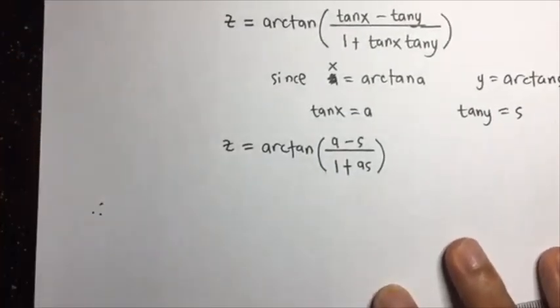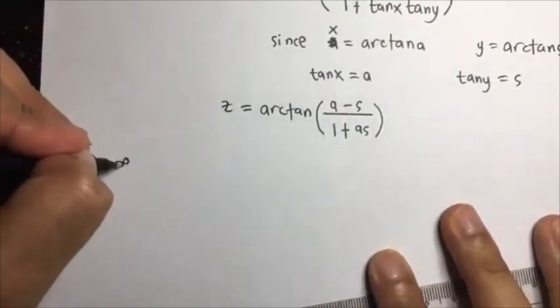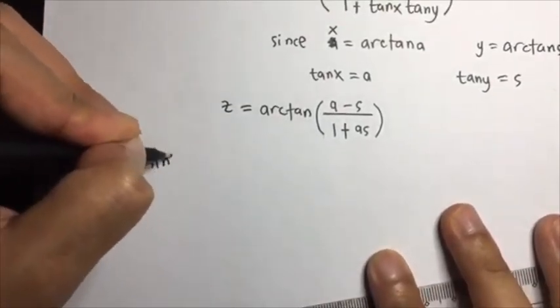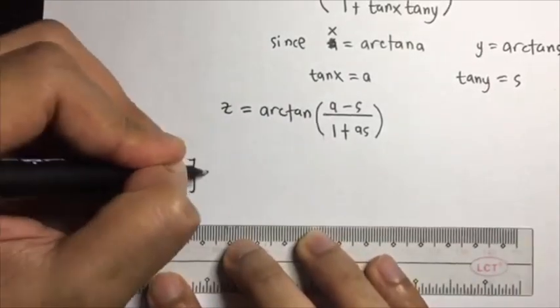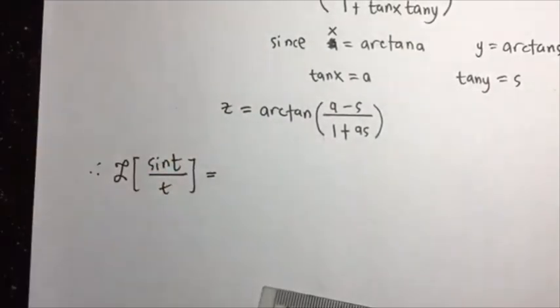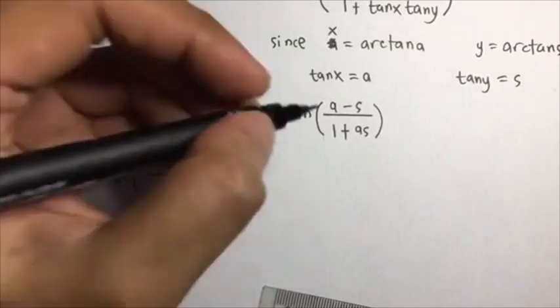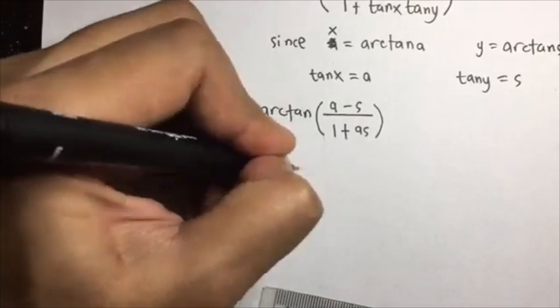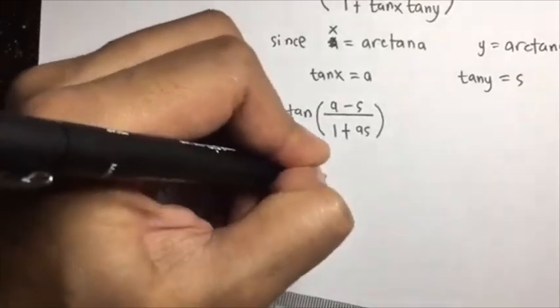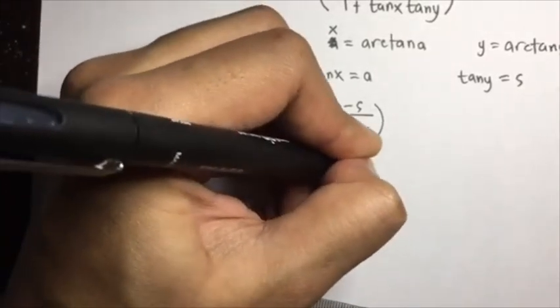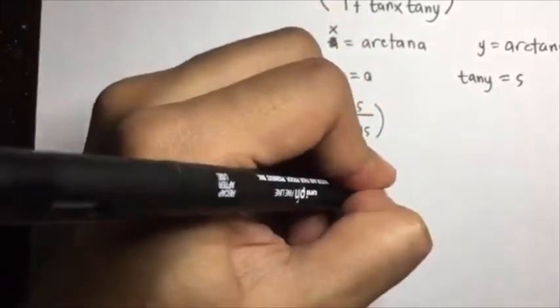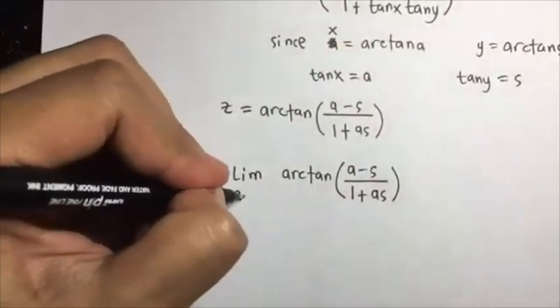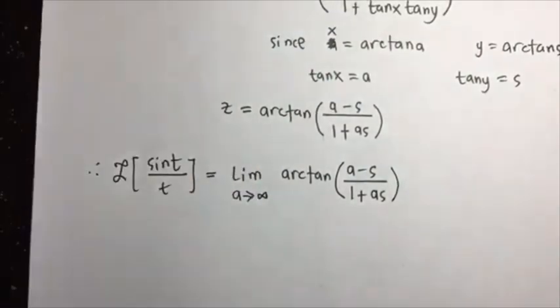So therefore, rewriting again, the Laplace transform of sine of t over t is equal to the limit of arctan of a minus s over 1 plus as, as a approaches infinity.